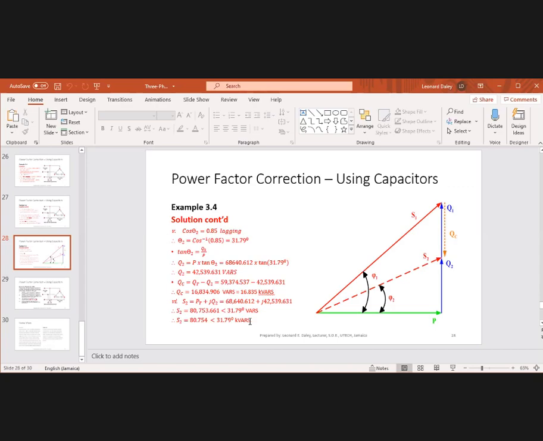So it was what, 80,753.661. So I think it comes down to 116.56. So it moves from 131 down to 116.